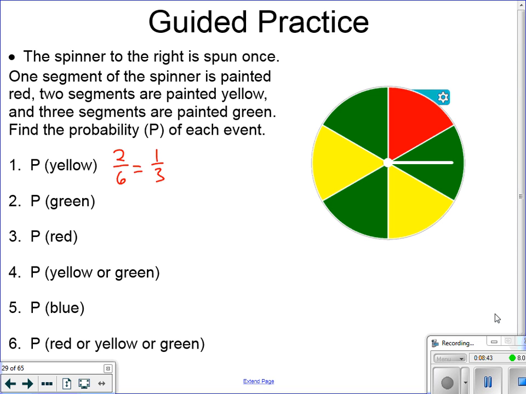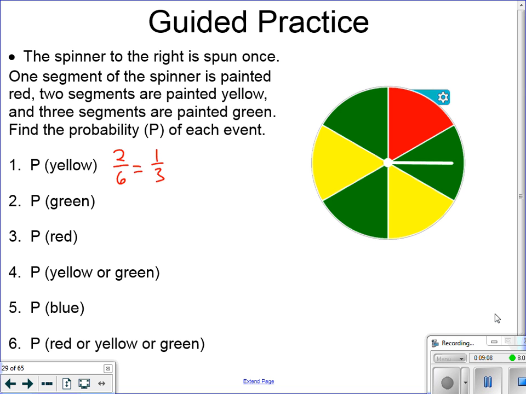So if I were to spin the spinner 3 times, one of those times I should get yellow. Now, is it a guarantee? No, it's not a guarantee. You can see I just spun it 3 times and I didn't get yellow. But again, as you were to do this more and more often, eventually it would come to that.